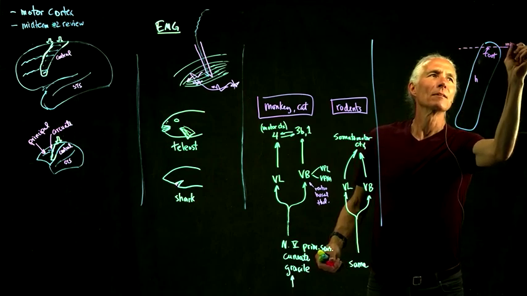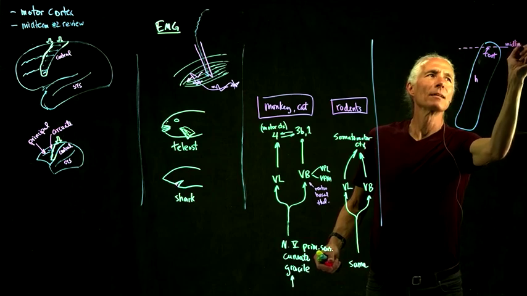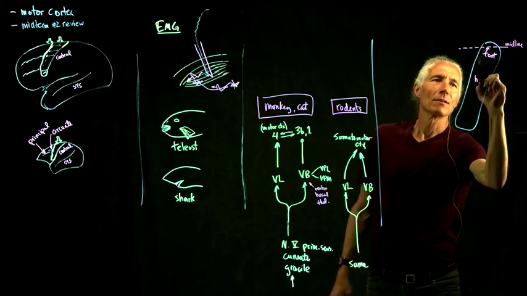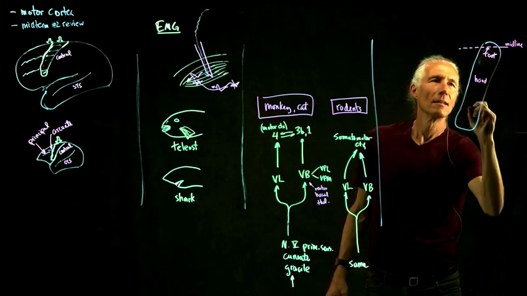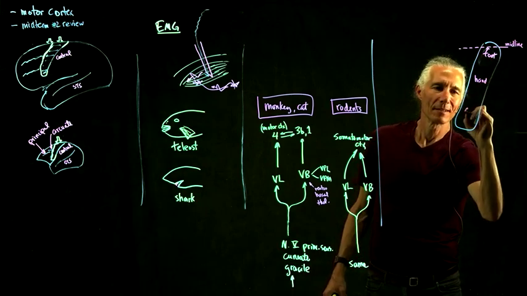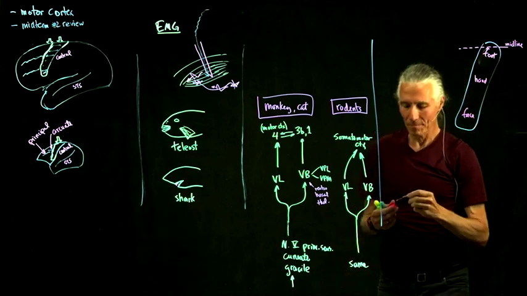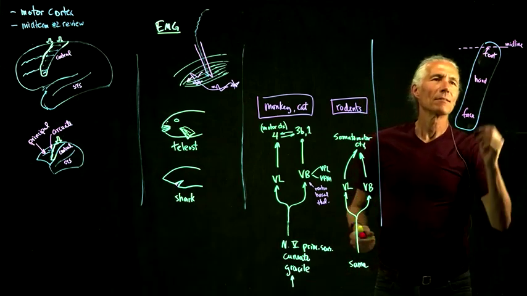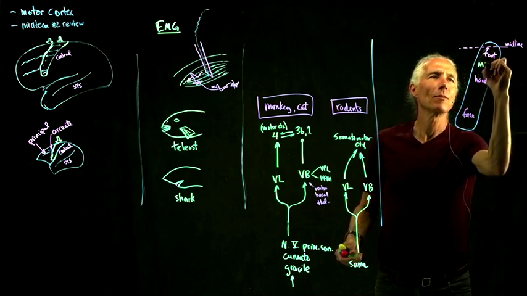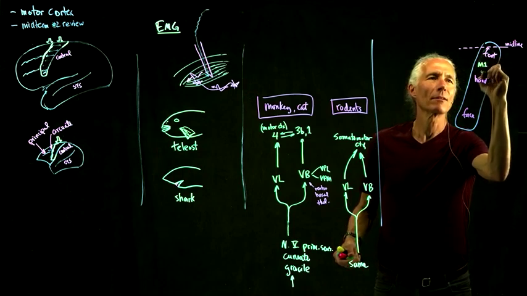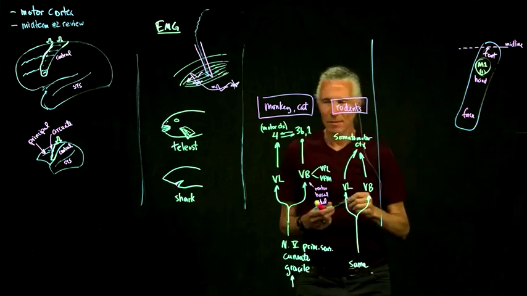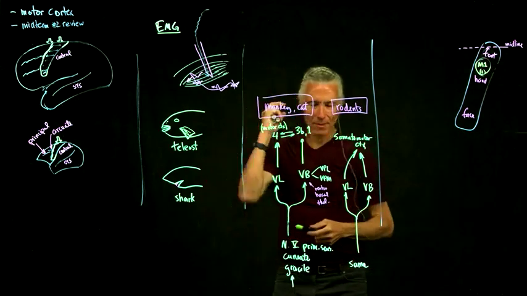The foot slightly goes over the midline, sort of bends over. I just flattened everything out. So here's face, hand, foot, hand, and face this way. And what is that? That is M1, or area 4. Okay, so that's M1, primary motor cortex.